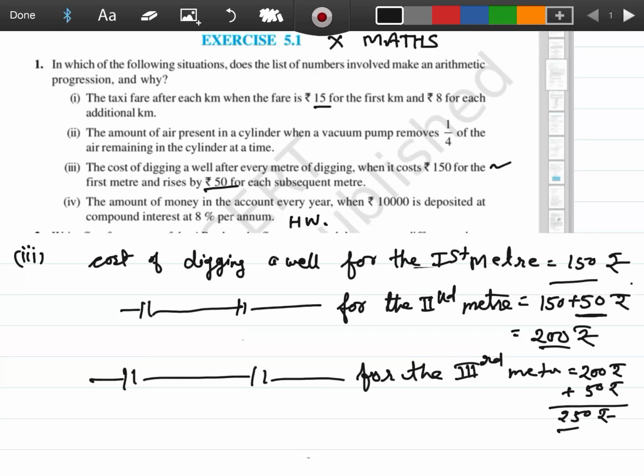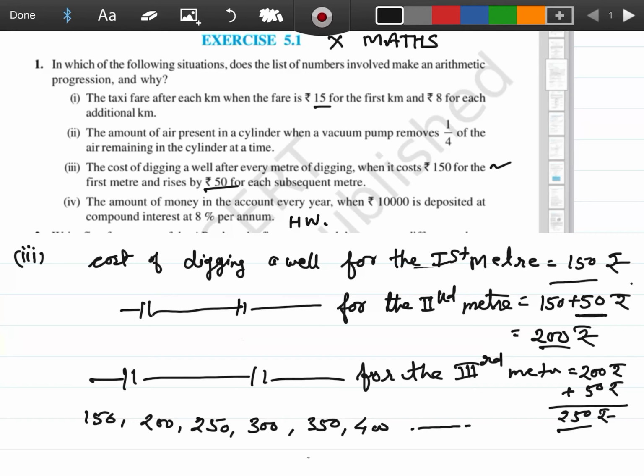So you can write the sequence. What sequence are you getting here? 150, 200, 250, and after the fourth meter the cost will again increase by ₹50, so it will be ₹300, then ₹350, then ₹400, and so on.